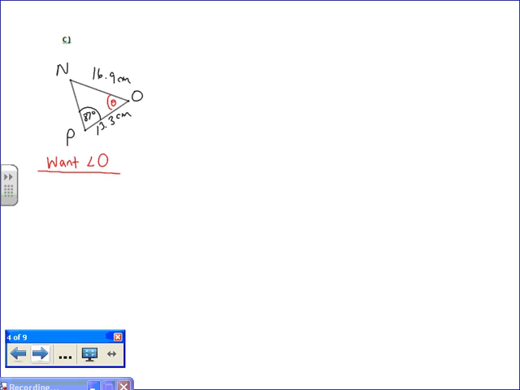Again, let's see what we have. I have a side length here, I have another angle right here, and then I have another side over here. And the angle that I have is not a contained angle. So this is a side-side-angle relationship.